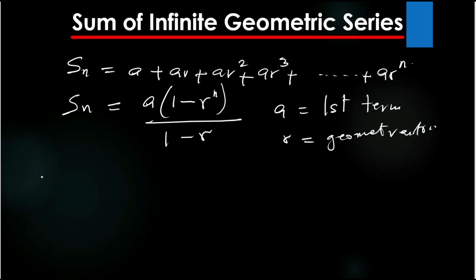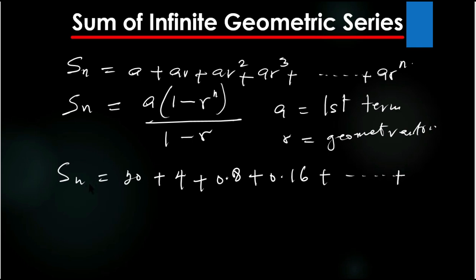Let's take an example. If I have this series Sn equal to 20 plus 4 plus 0.8 plus 0.16, and this series continues this way. You agree with me that a is equal to 20, and I can easily look for r because ar is equal to 4.